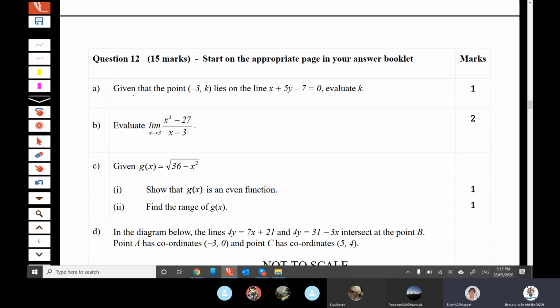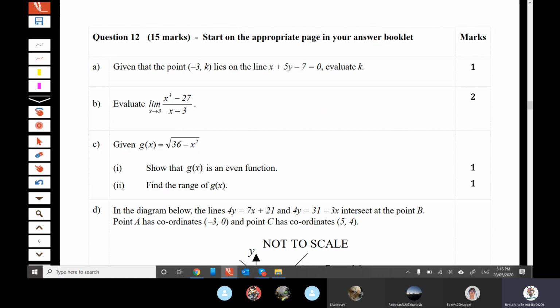Rad, you ready? Yeah, what question? Here we go. Question 12. Given that the point -3, comma k lies on the line, blah, blah, blah, evaluate k. What do you do? Sub in -3 for x and then k for y, and then evaluate.